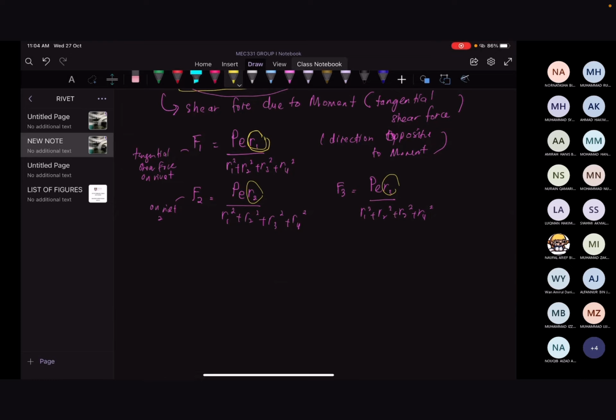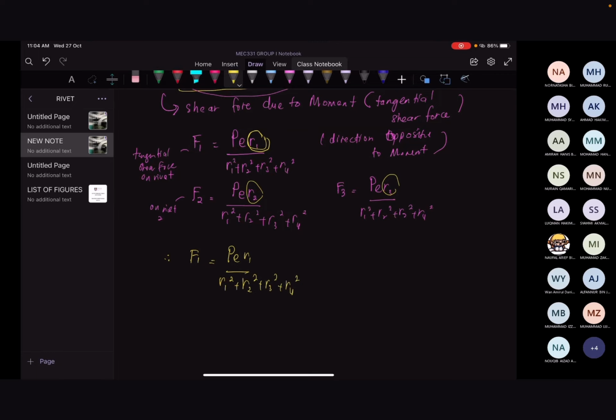Okay, so daripada formula yang saya tunjuk ni, so kita boleh summarize yang F1, okay, macam ni. F1 is equal to PE R1 over R1 squared plus R2 squared plus R3 squared plus R4 squared.